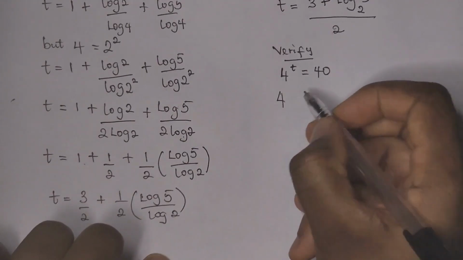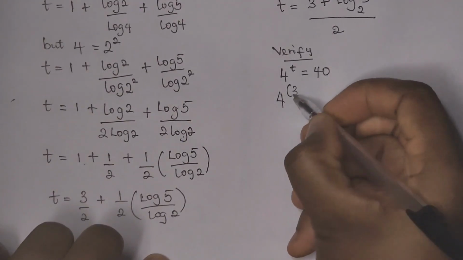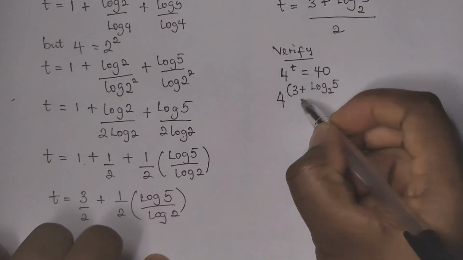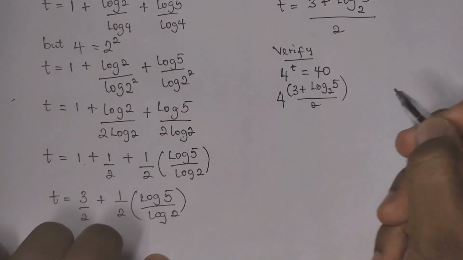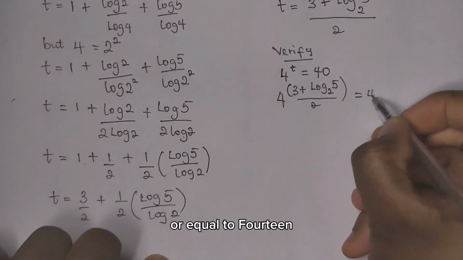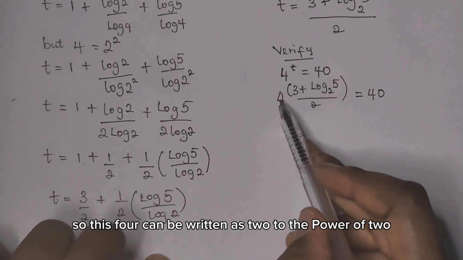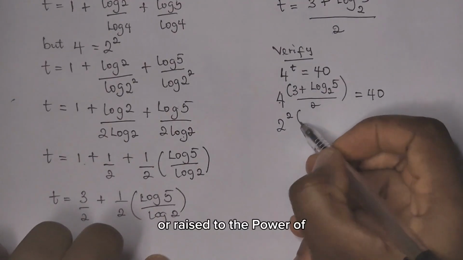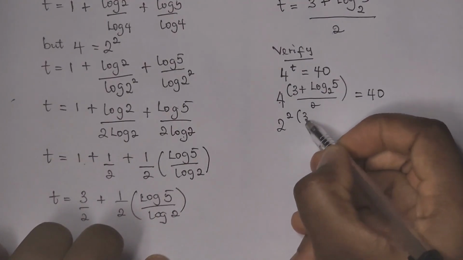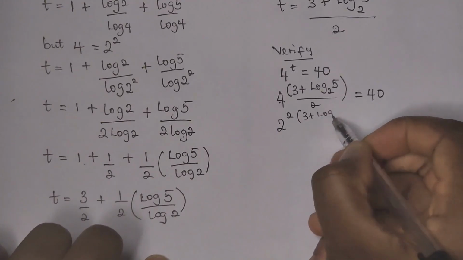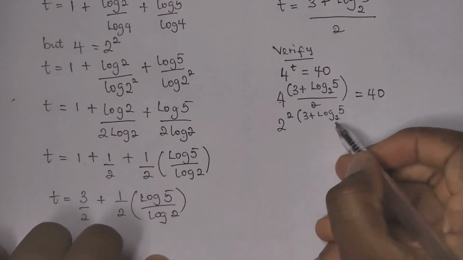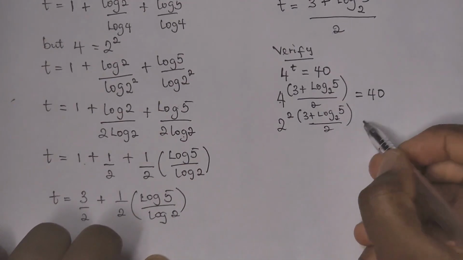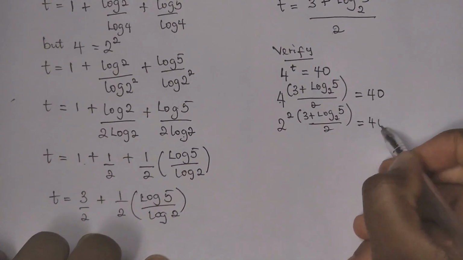So 4 raised to the power of 3 plus log to the base 2 of 5 all over 2 is equal to 40. This 4 can be written as 2 to the power of 2, all raised to the power of 3 plus log to the base 2 of 5 all over 2, all equal to 40.